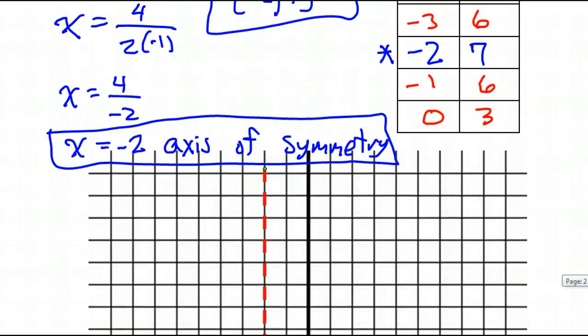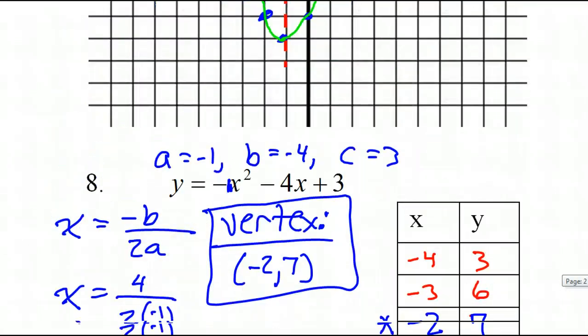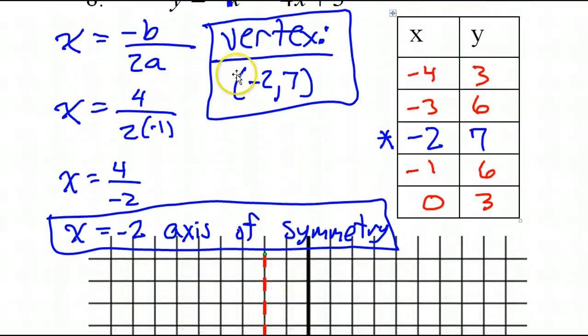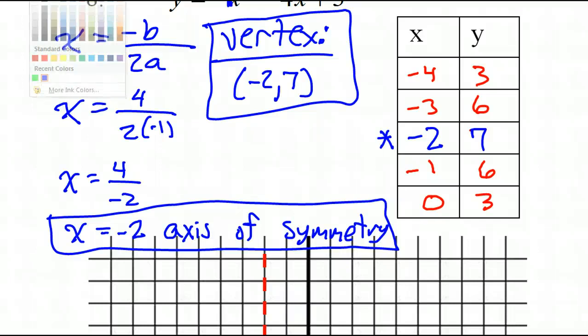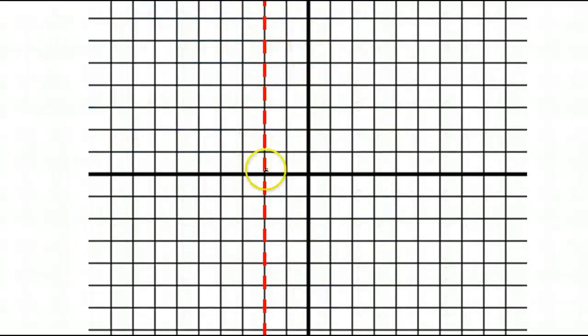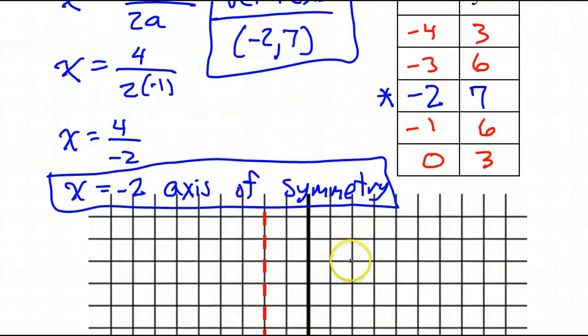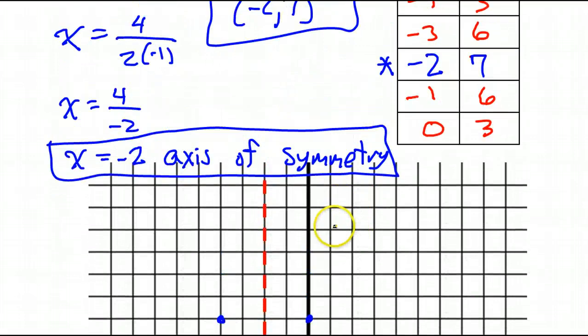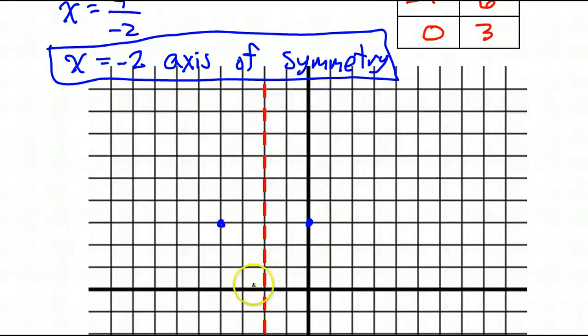Okay, now all we have to do is plot these points. So we've got -4, 3. Here's -4, 3. Because of symmetry, we expect to have a point there as well. We've got -3, 6. -3, 6 would be right there.